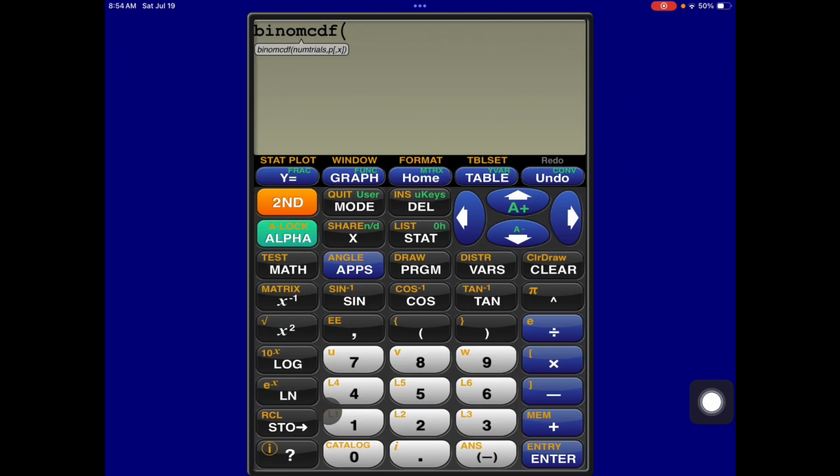Make sure it's the CDF, the cumulative distribution function. And our value of n is 15, comma, our probability is 0.8, comma, and then for our x value, the largest that we have is 9, and so that's the value that we're going to put in there. Close your parentheses and then select enter, and we get our probability, again, round 4 decimal places.